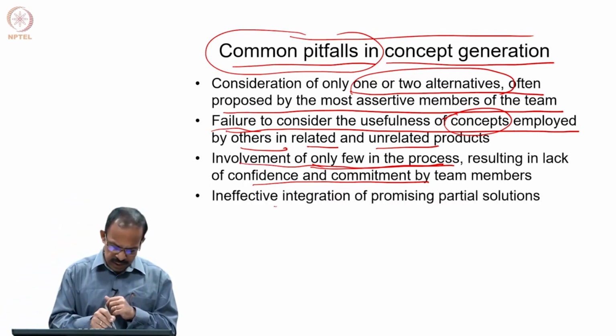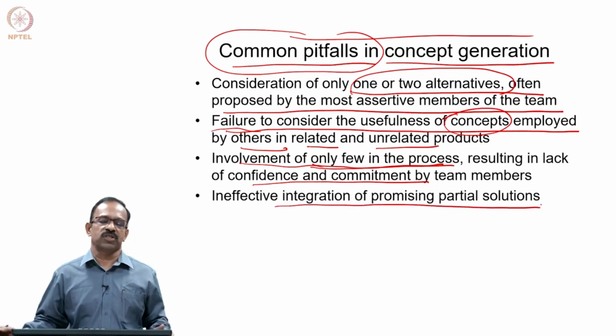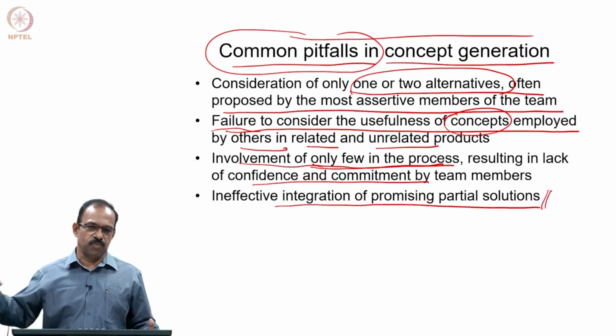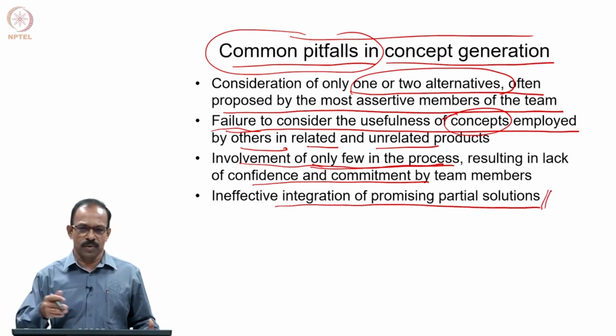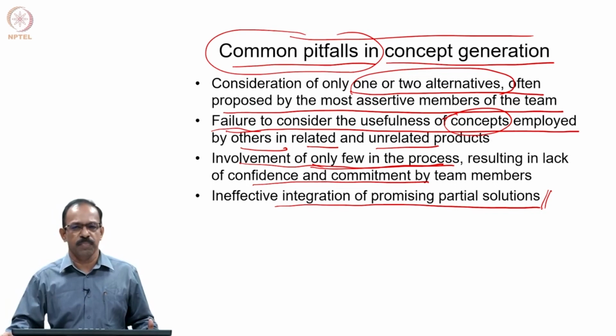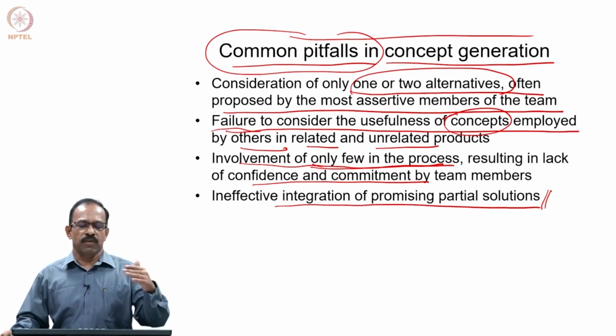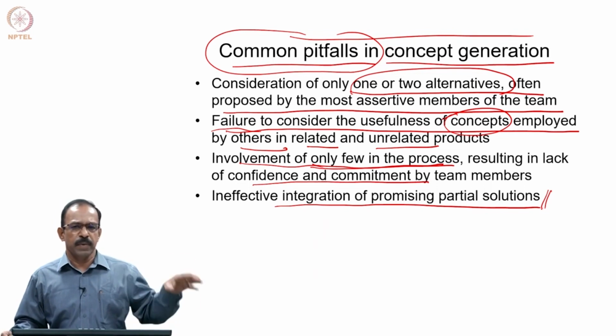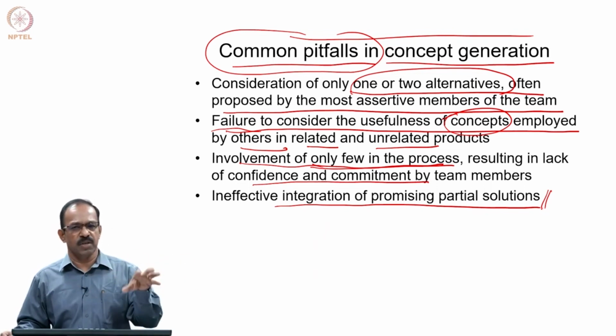And ineffective integration of promising partial solutions. This may be difficult for you to understand now, but I will explain it later when we go through the stages of concept development. Suppose you are developing concepts or alternatives for a particular problem, there may be many solutions coming up. People will be suggesting many alternatives.